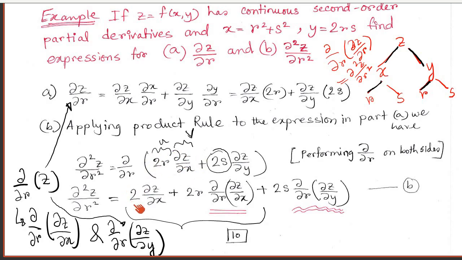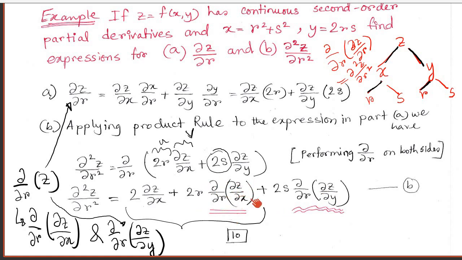So u prime is equal to 2, v is constant, plus u is constant, derivation of dz by dx. Next, twice s is just a constant coefficient because our variable here is r, so twice s is just a constant coefficient. Differentiate this with respect to r is that.